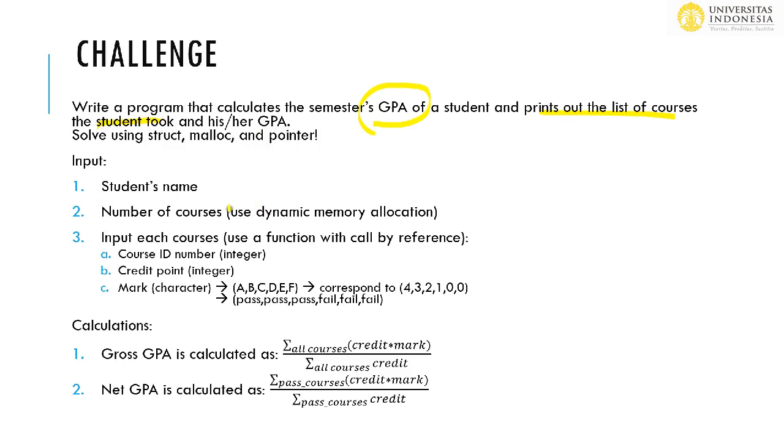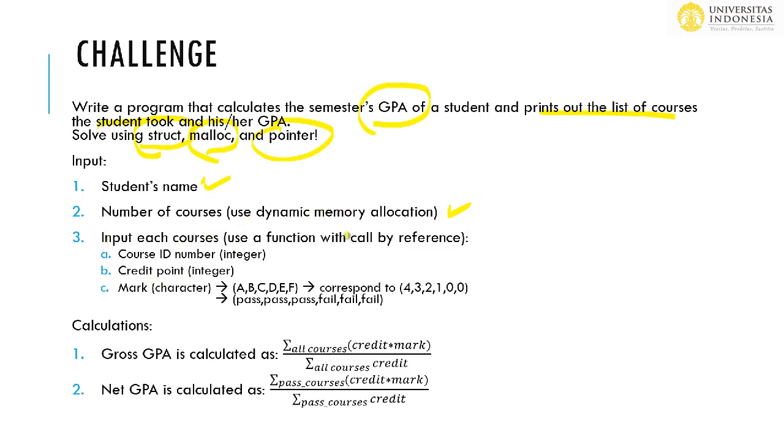In this program you also have to use a structure format followed by malloc, because there are several data. For example, maybe there are 10 students to analyze the GPAs, and also pointers to make functions of the program. The input is a student's name and number of courses using dynamic memory allocation with malloc, so remember that.